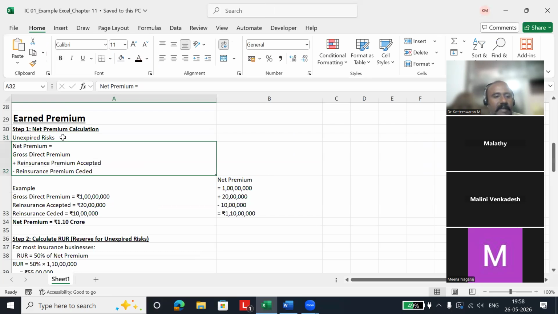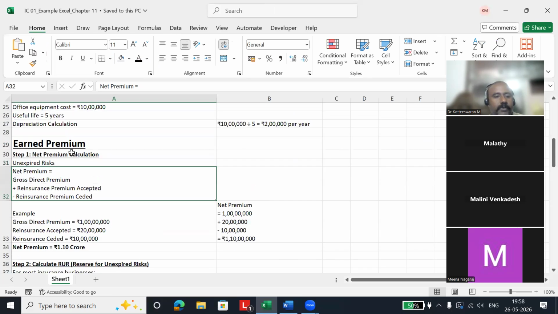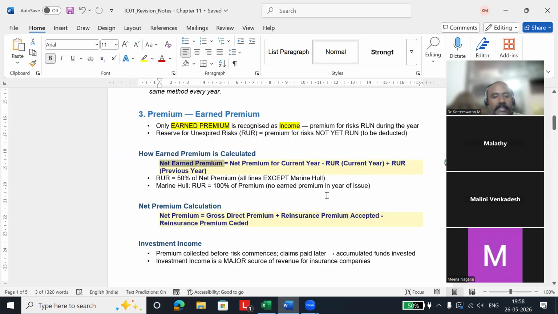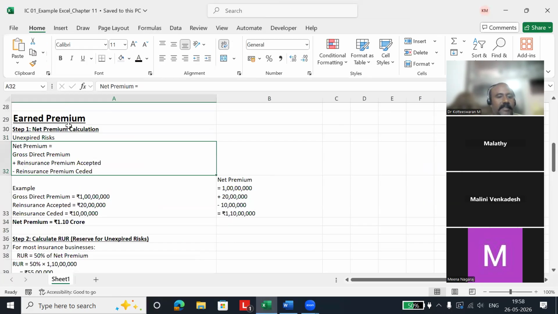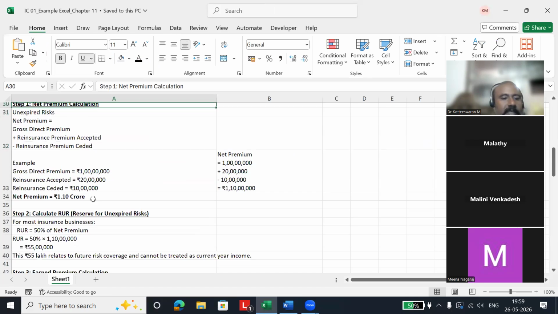Okay. So we have unexpired risk. Net premium is equal to gross direct premium plus reinsurance accepted minus reinsurance ceded. Okay. So for the earned premium calculation, we have different steps. The first step is the net premium calculation. The second step is calculating the RUR.